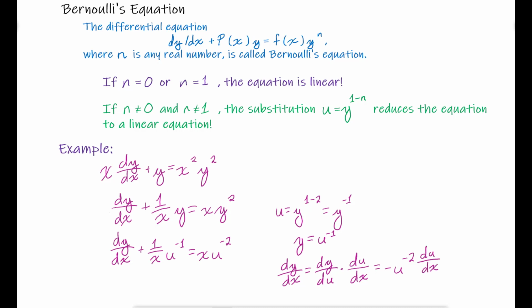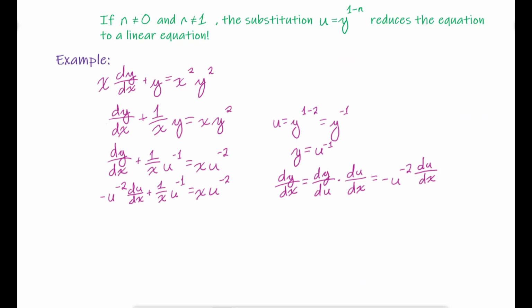So wherever we have dy/dx, we're going to substitute in negative u to the negative 2nd power du/dx. Doing so, I arrive at negative u to the negative 2nd power times du/dx plus 1 over x u to the negative 1st power equals x u to the negative 2 power.